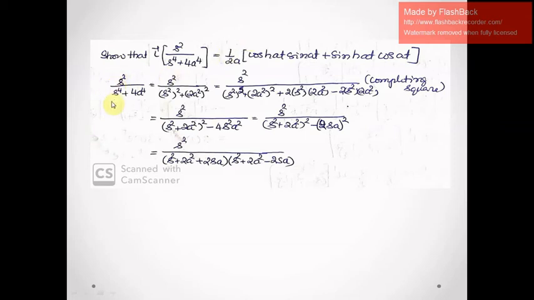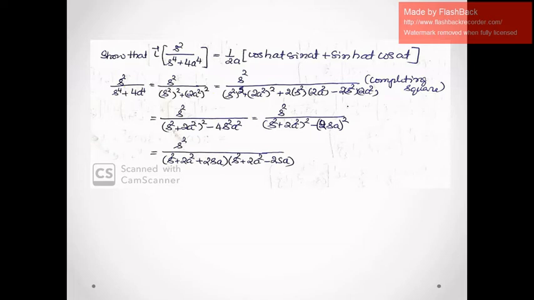S square by s power 4 plus 4a power 4. For the time being, we'll not do anything with the numerator. This is s square whole square plus 2a square whole square. 2 when I square it is 4, a square when I square it is a power 4. So this is of the form a square plus b square. So what we will do is, there is already a square plus b square.